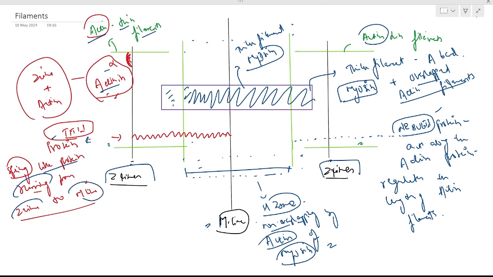Next, our third protein is nebulin. This runs across the actin protein and regulates the length of actin filaments.